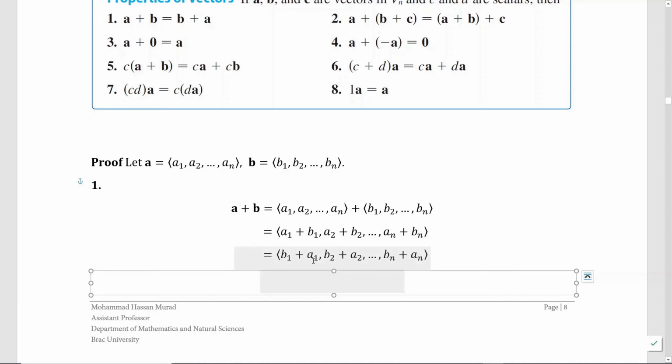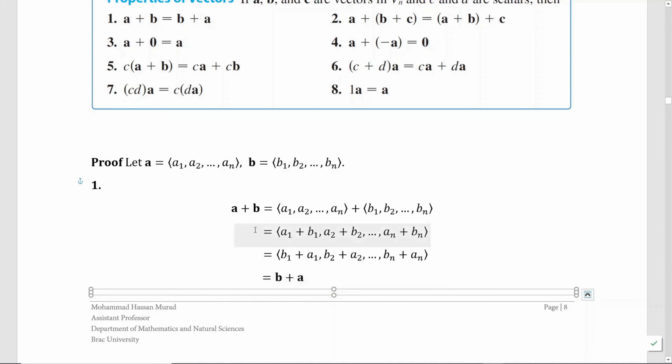The commutative law can be applied for real numbers. And we can do the same for the rest of the components. But by definition, the result is B plus A. So we arrived at the conclusion that A plus B equals B plus A, which is called the commutative law for vector addition.